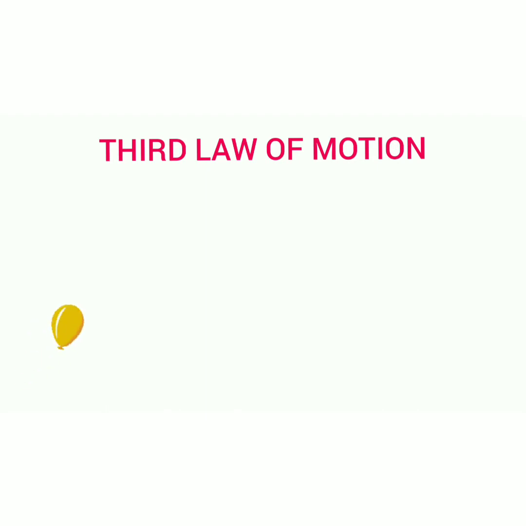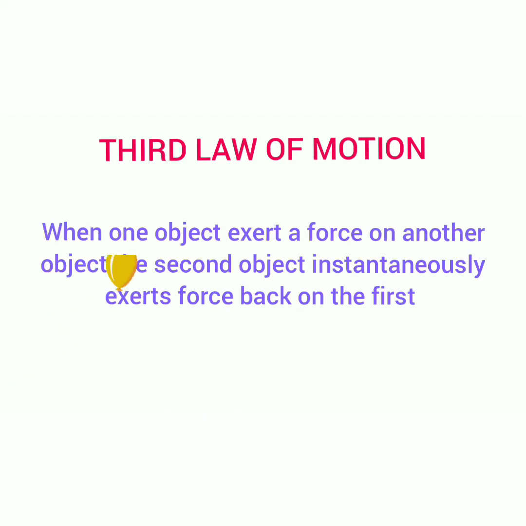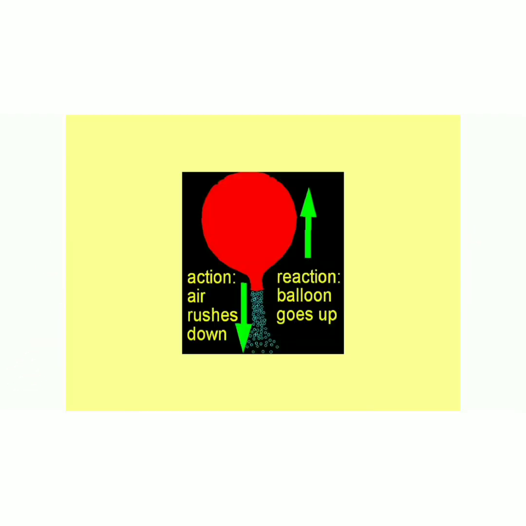And next, we have the third law of motion. The law states that when one object exerts a force on another object, the second object instantaneously exerts a force back on the first. These two forces are known as action force and reaction force, respectively. In these examples, the air rushing down is the action and the balloon going up is the reaction.